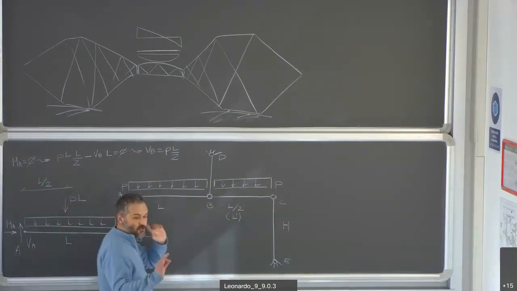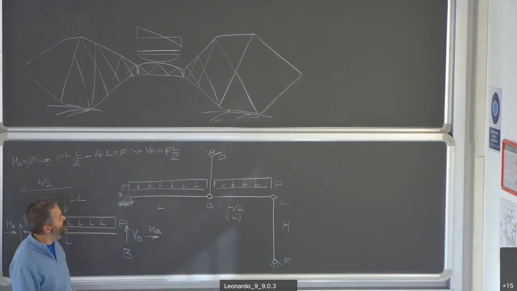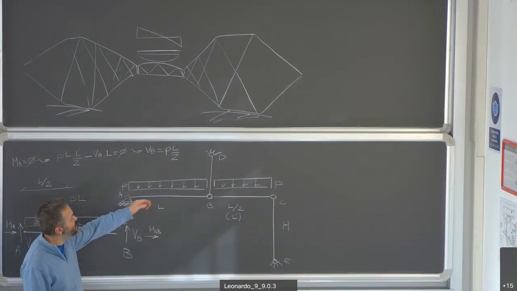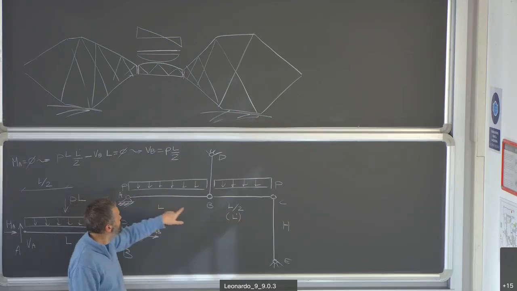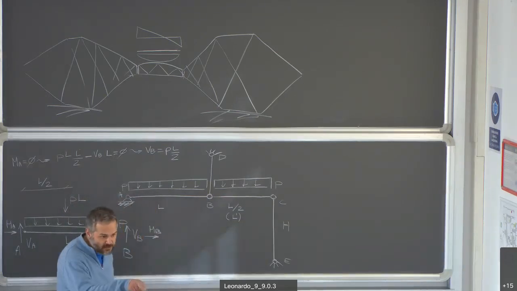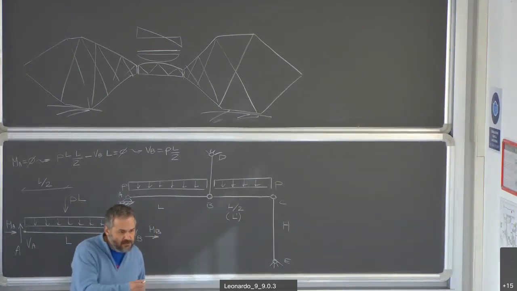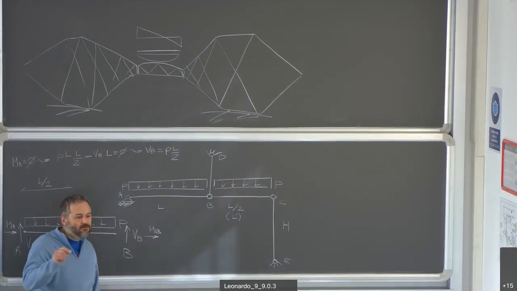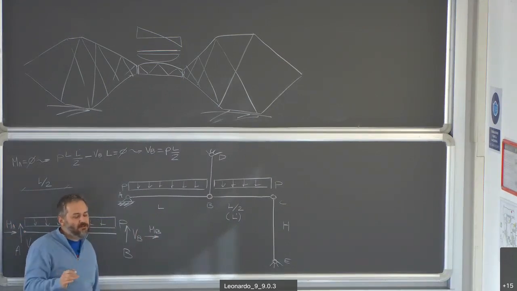A structure which consists, just to give you another indication, a structure consisting, let's suppose we remove the tie. A structure consisting of 1, 2, 3 hinges aligned is not stable. Try it. You have to try and solve it. 3 hinges aligned with any load, whatsoever, of course, vertical load. Try and solve it. You will not be able to write equilibrium equations.